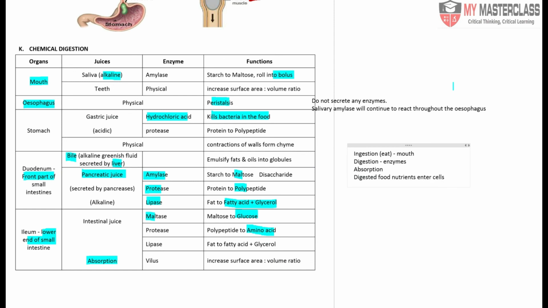Okay, so when they enter cells to be used, that is what we call assimilation. Okay, so of course food substances that are unused and not required, they will then be egested. Okay, so egested is removal by the anus after it is being stored by the rectum. Okay, so it is stored at rectum first before it is egested. Okay, so you have ingested here and you have got egested here.